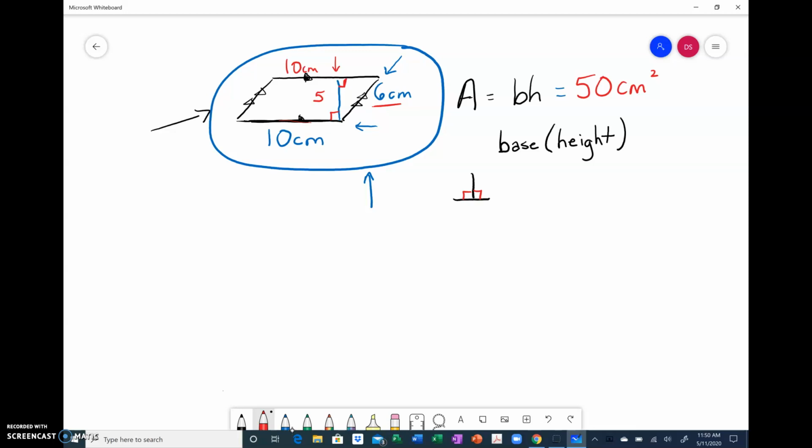So that's the trick. This is the most important thing you will learn in this lesson. The height has to be perpendicular to the base. Now I'm going to draw a different kind of parallelogram so that you get used to seeing it in different ways.